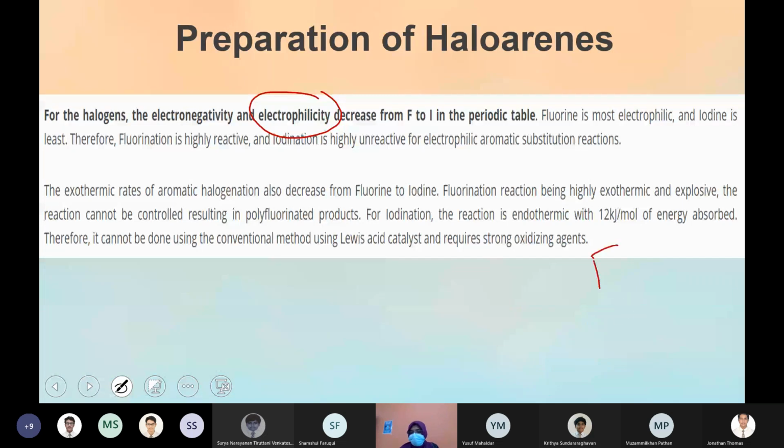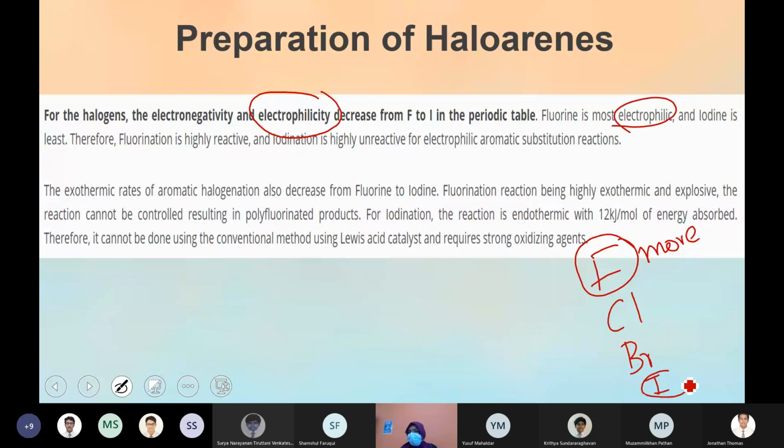Among fluorine, chlorine, bromine and iodine, fluorine is more electronegative, that means more electrophilic, and iodine is the weak electrophile.